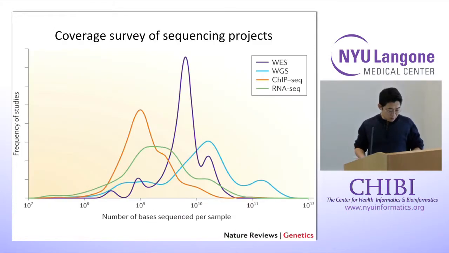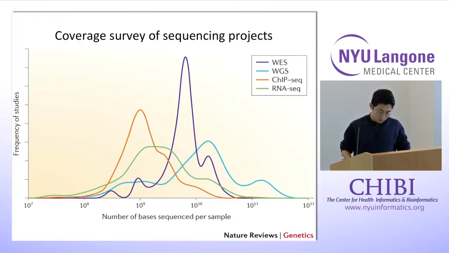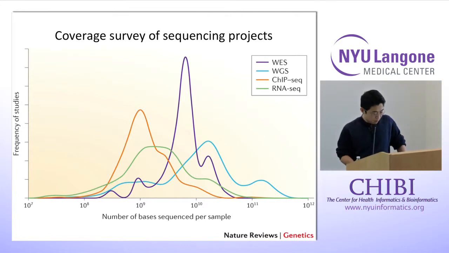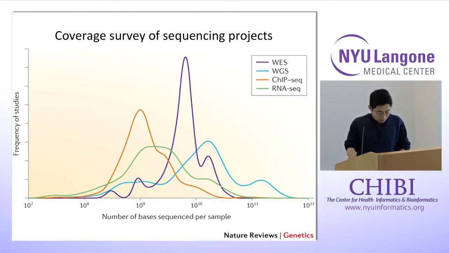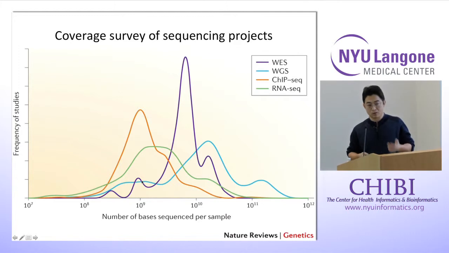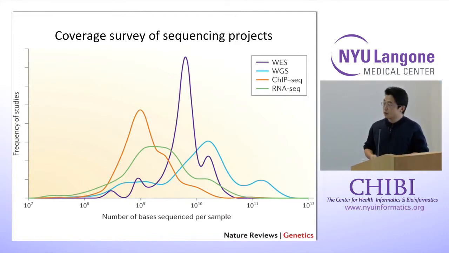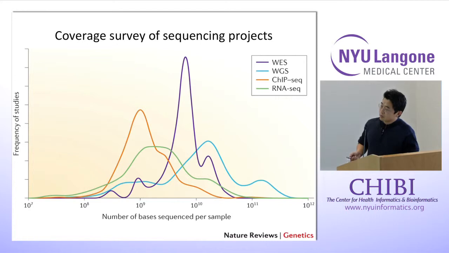So this is a survey of the coverage of current sequencing projects. It looked at about 800 studies, including whole exome sequencing, whole genome sequencing, ChIP-seq, and RNA-seq projects. They summarized the number of reads used in about 800 experiments.